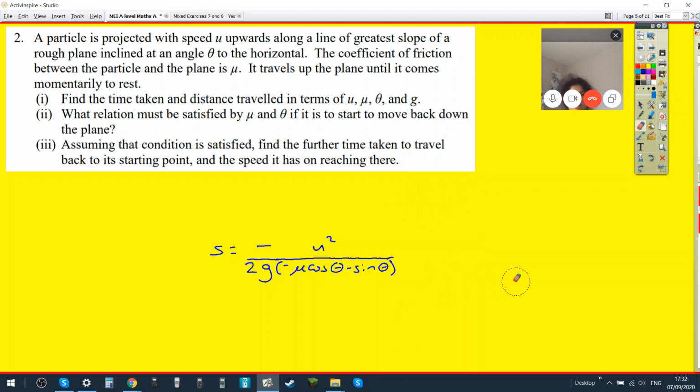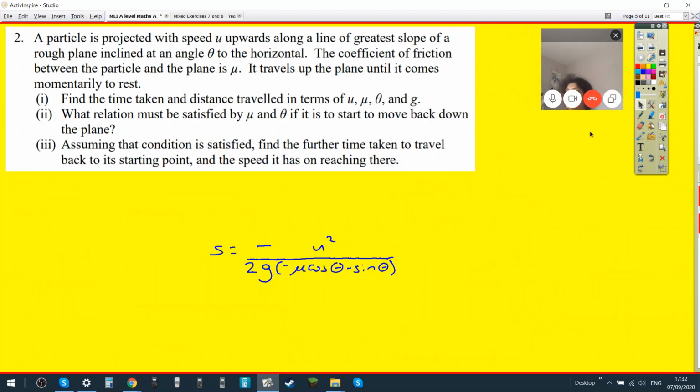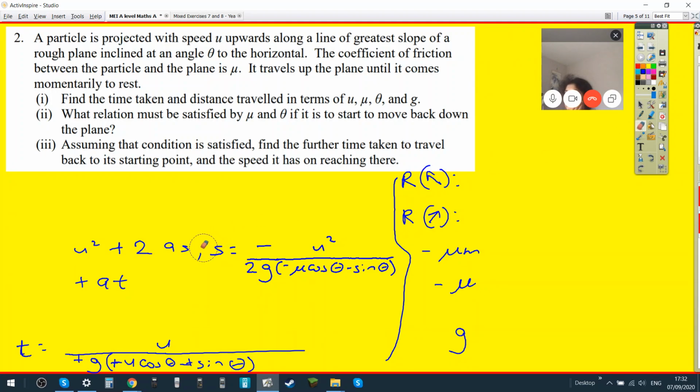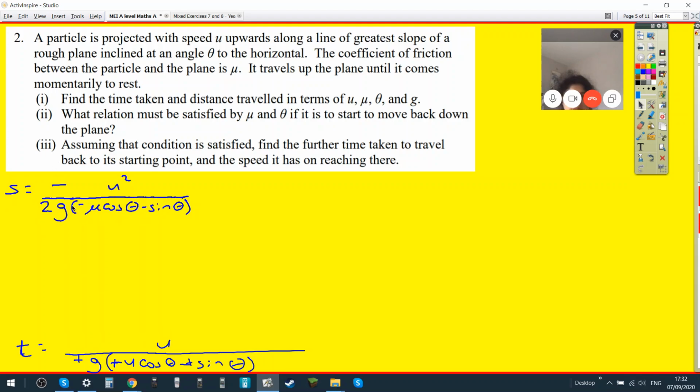Not really. Let's see. So we have S and T. One second. Must be satisfied by mu and theta. It doesn't really say anything about S and T.